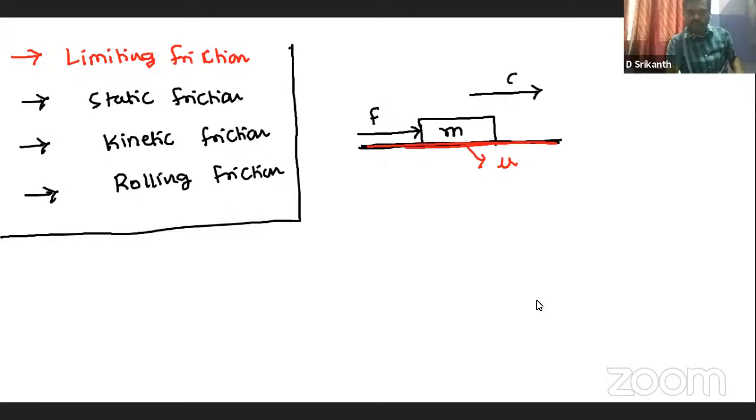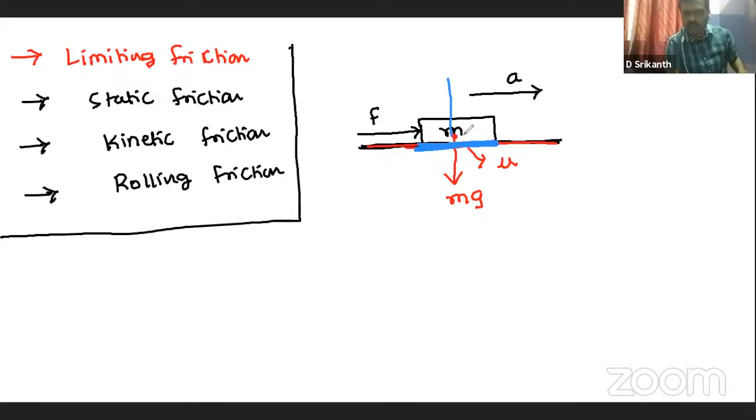Now, if you draw the free body diagram, from the center of the object vertically downwards we have the weight mg, and here the object is in contact with the surface. There will be a contact force acting, that means the surface is acting a force on the object.